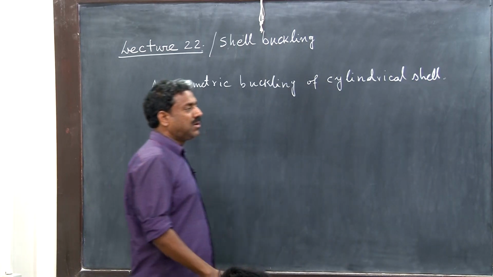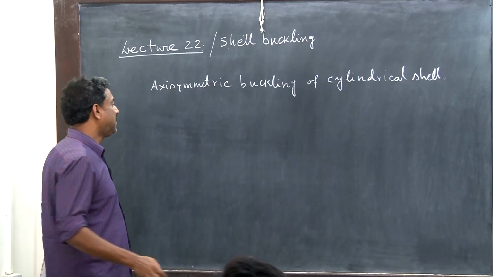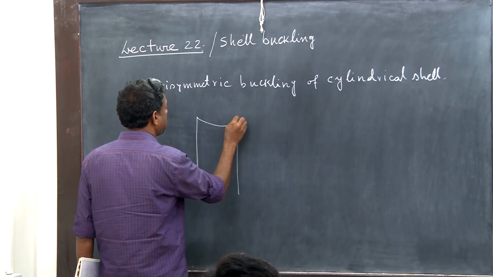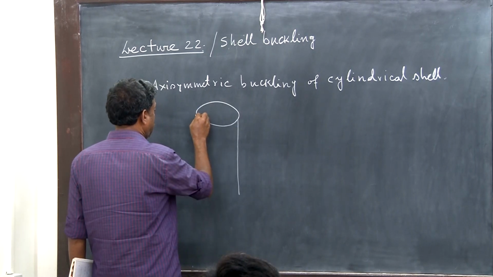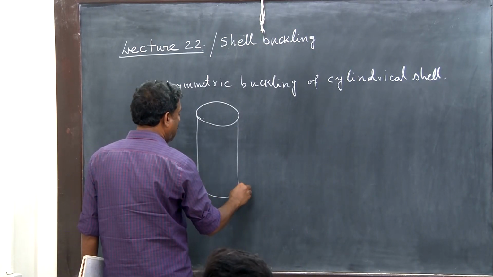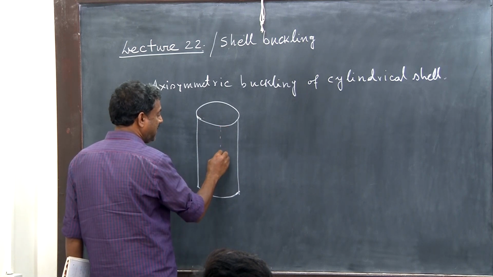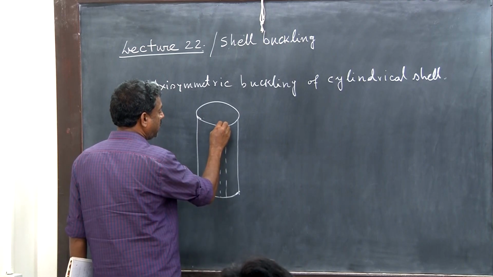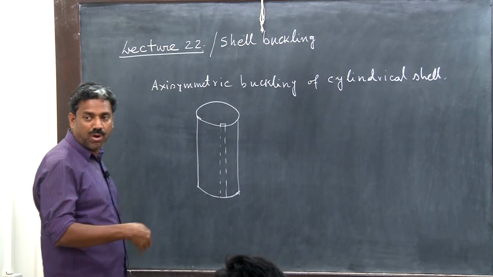So, essentially we did not consider any bending in the circumferential direction. If you see the cylindrical shell, we essentially considered the bending of a strip, a small strip that we have taken. So, it is one way bending.